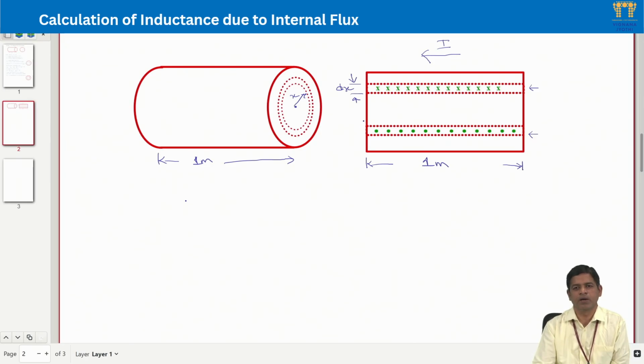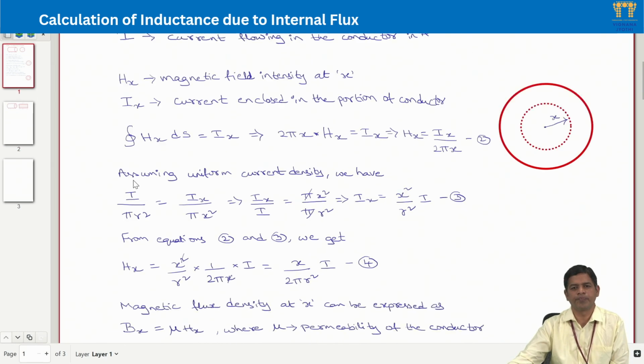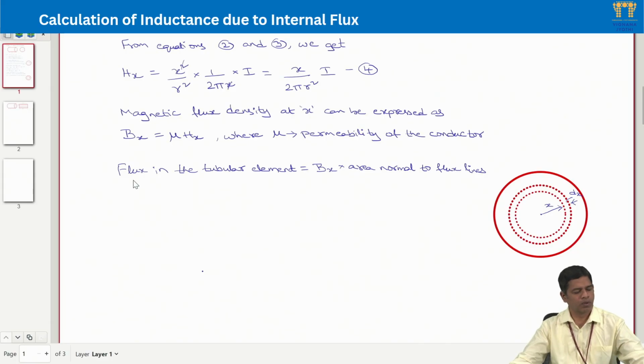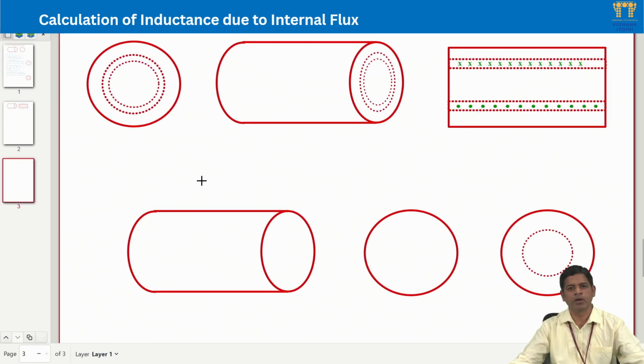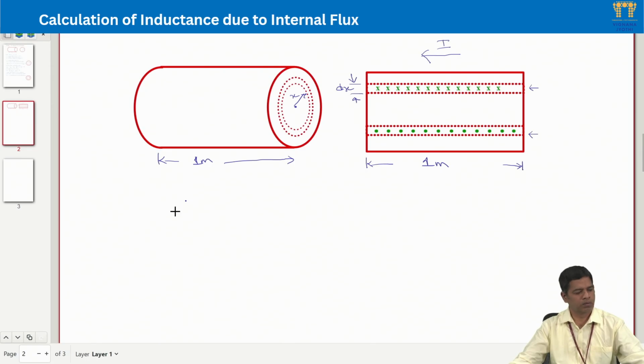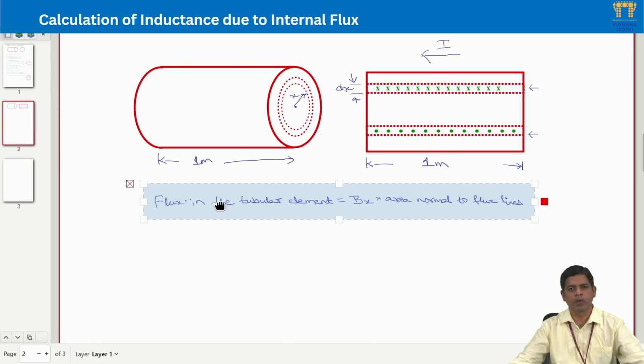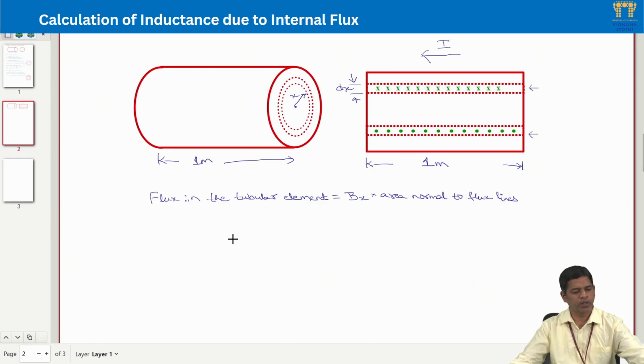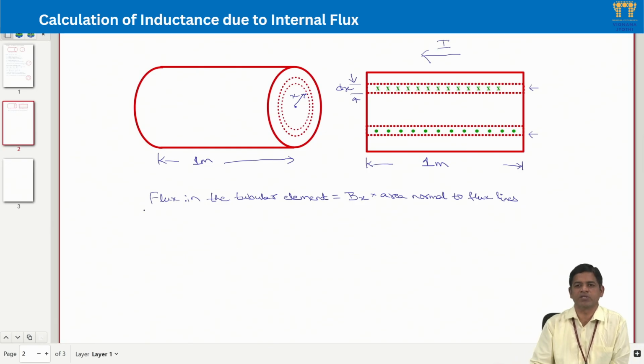Now, as I said, if I want to calculate the flux, that is nothing but it is equal to the magnetic flux density at that point multiplied by the area which is normal to the flux lines. Now, what is this area which is normal to the flux lines?